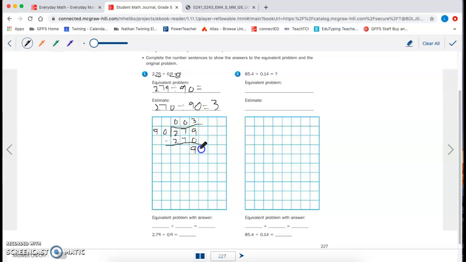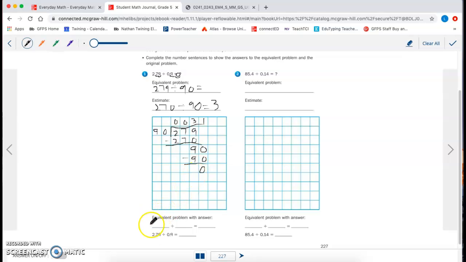I just add a 0, and I look to see, does 90 go into 90? Yes, indeed it does. It goes into it 1 time. Okay, so then I put a 90, and then I am going to subtract that, and 90 minus 90 gives me 0.